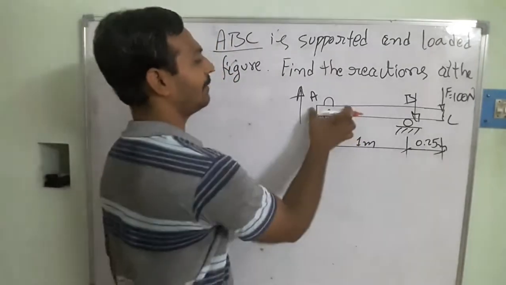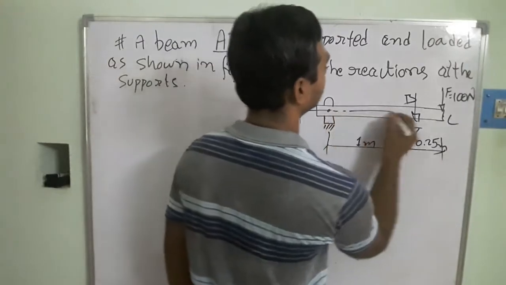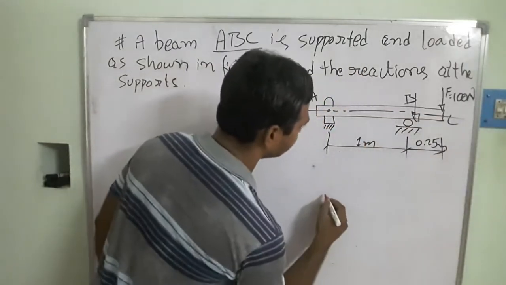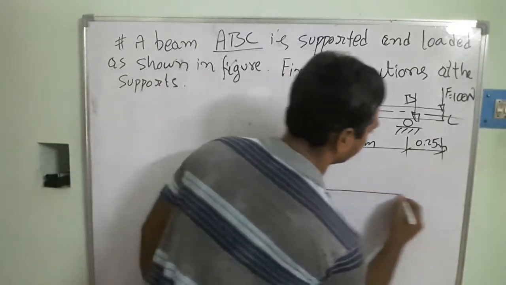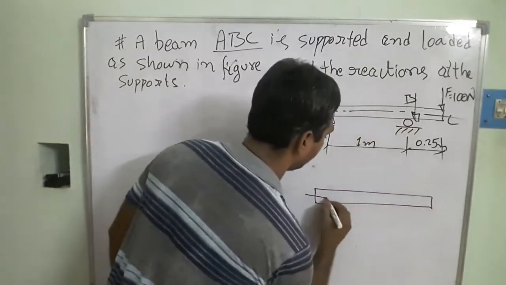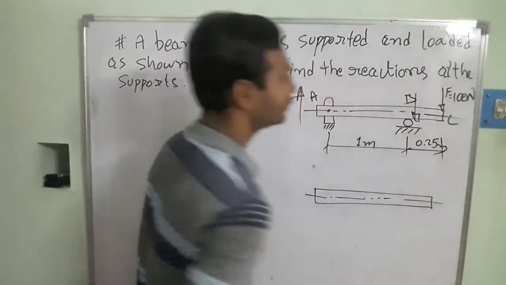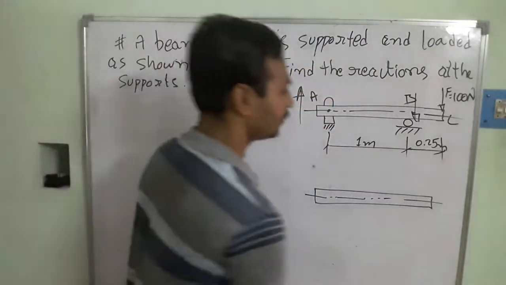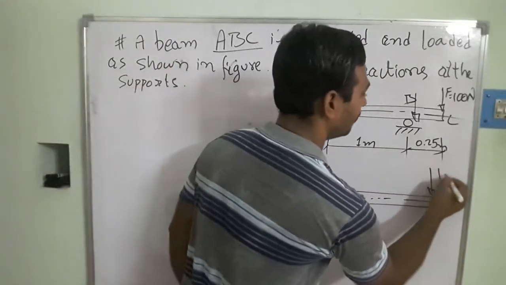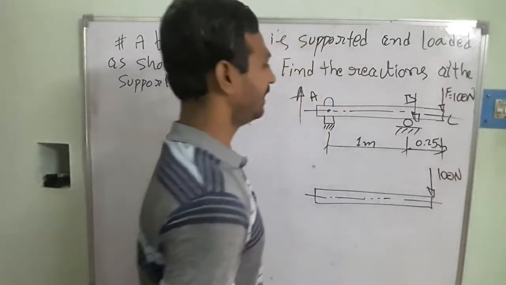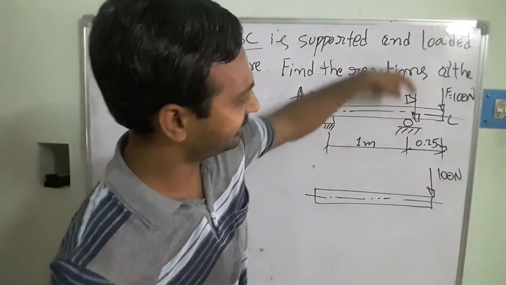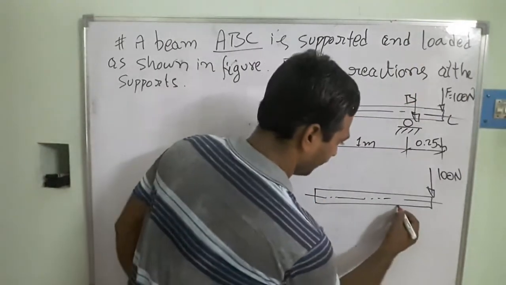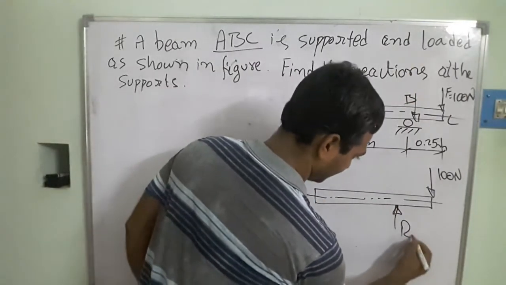So in this case, I am going to take the axis of this member, the same axis representing the beam. So this is the beam, and this is the axis of this member. The load acting at this point is 1000 newtons. At the point B, the motion of the beam is in the downward direction, but the reaction force from this point is in the upward direction.